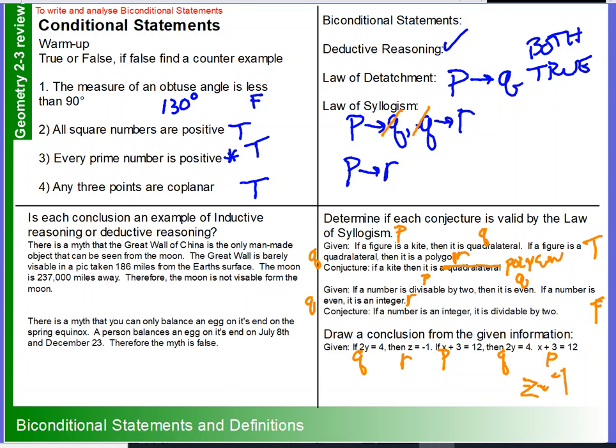Can you maybe repeat that? Yep. All right. Page 91.